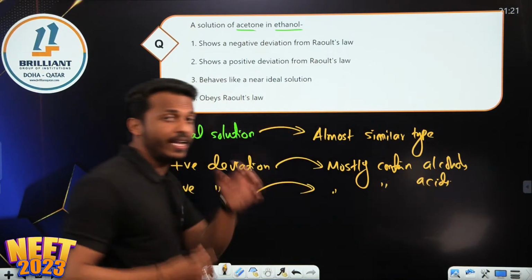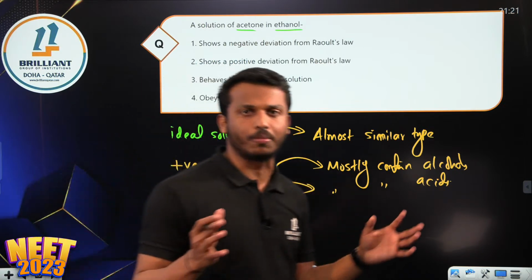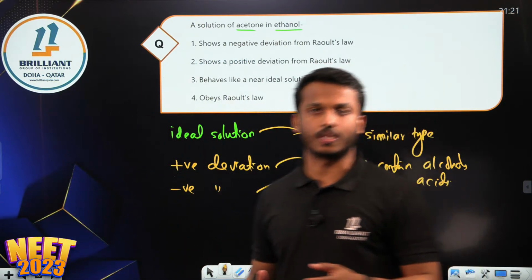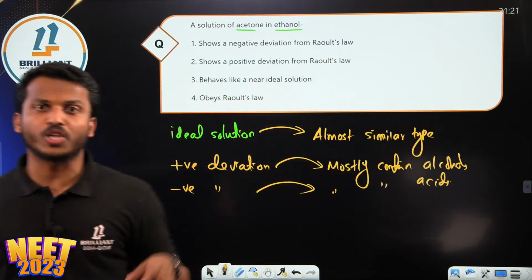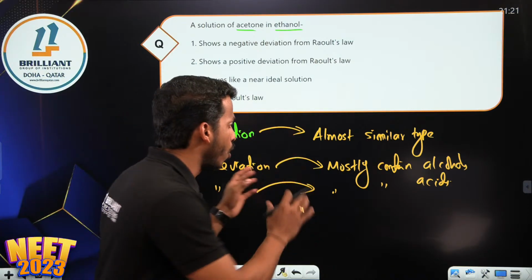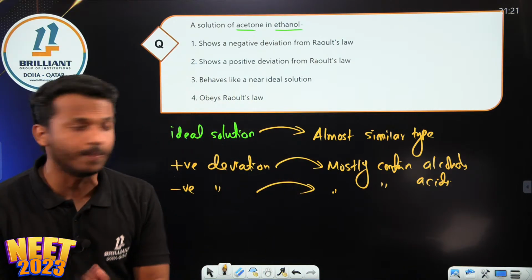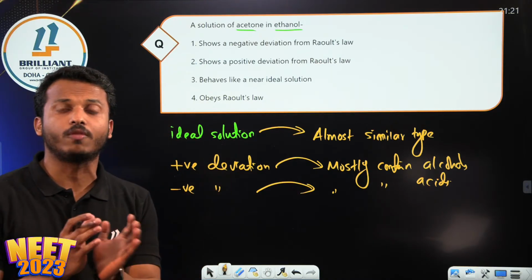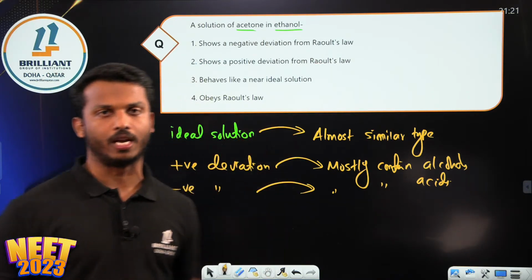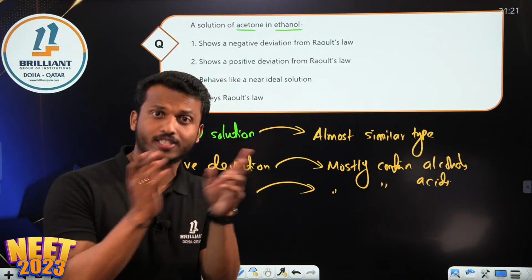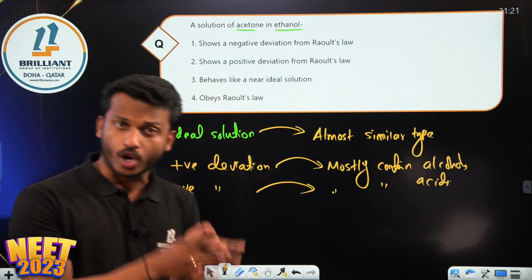Careful, okay? So ideal solutions have almost similar masses or types, whereas positive deviation solutions mostly contain alcohols, and negative deviation solutions mostly contain acids, like nitric acid with water, hydrochloric acid with water, like that.